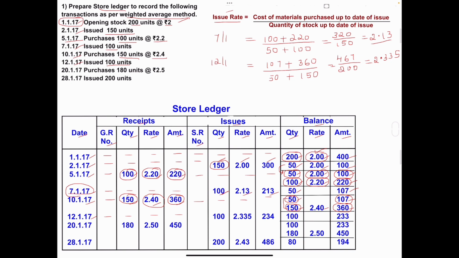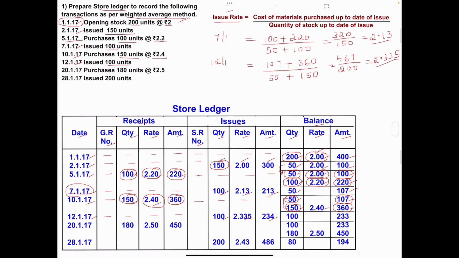In the store ledger account, write the quantity in the issues column, quantity 100. Rate per unit we will take this 2.335. 100 into 2.335, amount is 234. Write the balance.